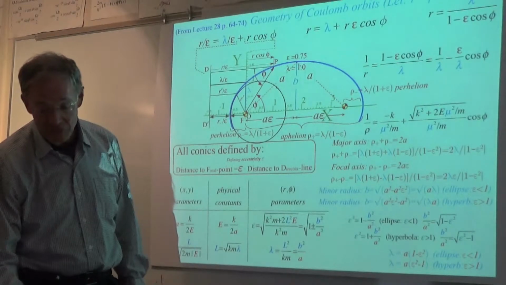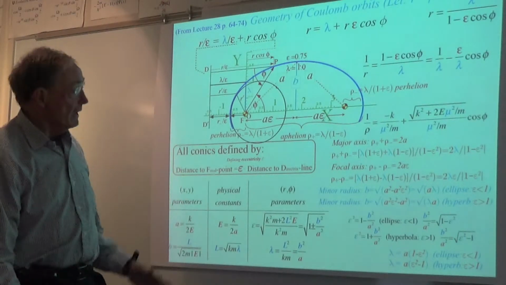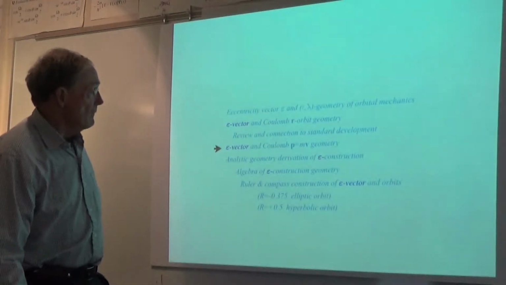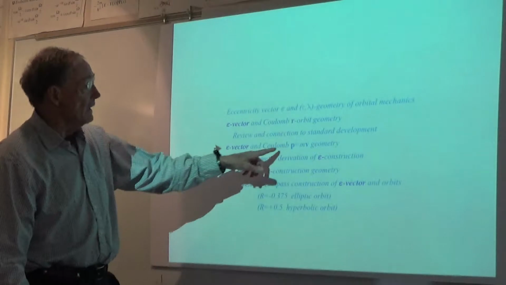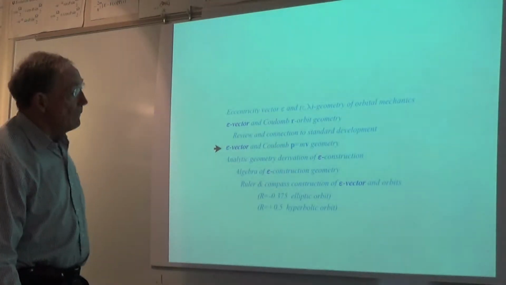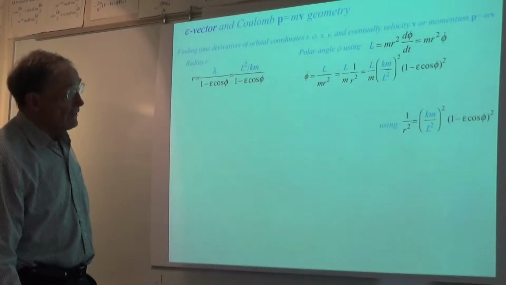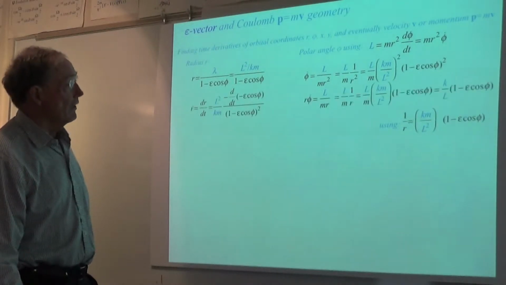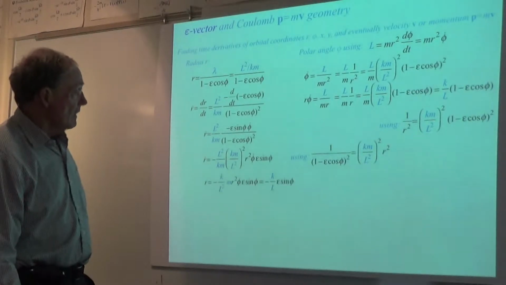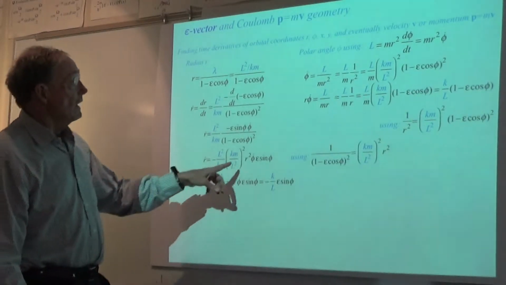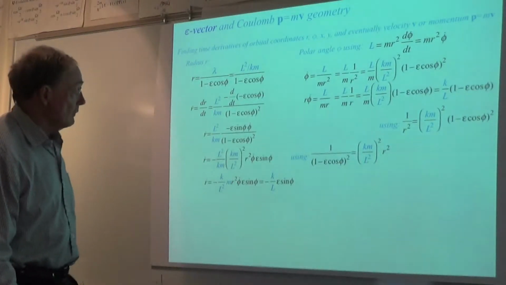So this is stuff we did last time, and we're going to do it again, but using the epsilon vector more carefully. Now, we already talked about the momentum geometry and the equations associated with that. This is just an algebraic development that's fairly sweet. It gives us equations for phi dot and r phi dot, and r squared phi dot.